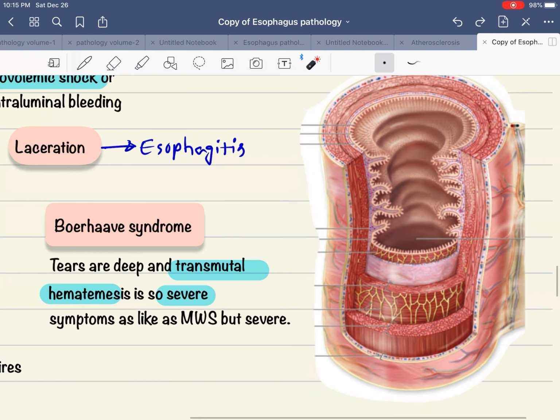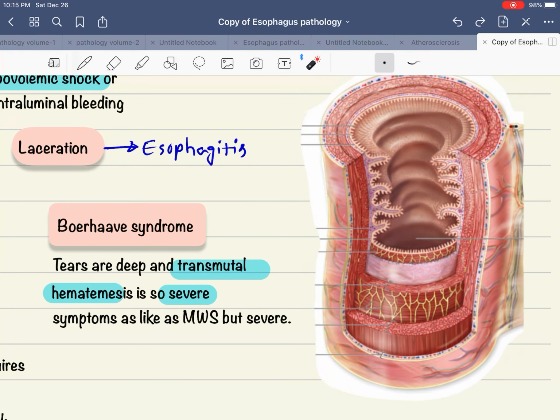Here are two plexuses. One is the Meissner plexus, located in the submucosal layer, and another is the myenteric plexus. You can see here the myenteric plexus is located between the inner circular smooth muscle layer and the outer longitudinal smooth muscle layer.